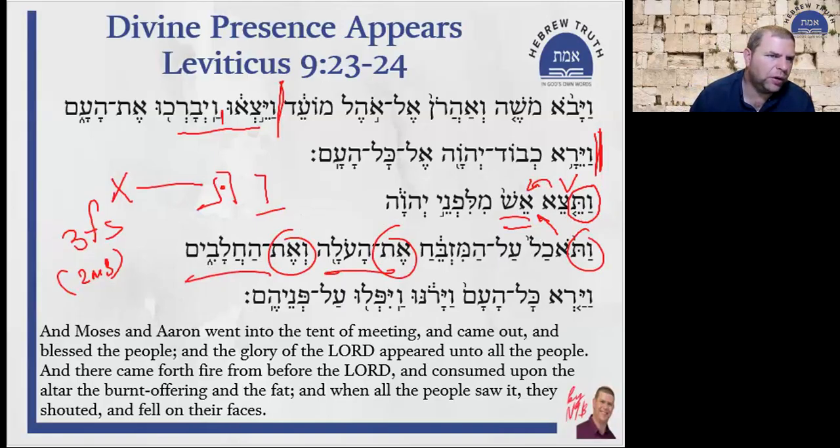The inward parts are considered very important, not necessarily because of the spiritual aspect, though that might be suggested as well, but also because of the chalavim, this kind of fat surrounding the inner organs, which is considered to be the fat that is offered. So, vatochal al hamizbeach et ha'olah ve'et ha'chalavim.